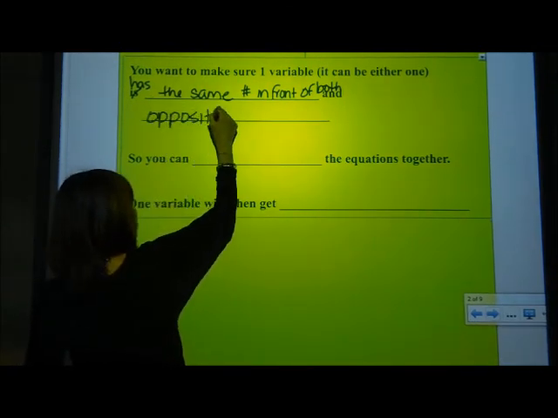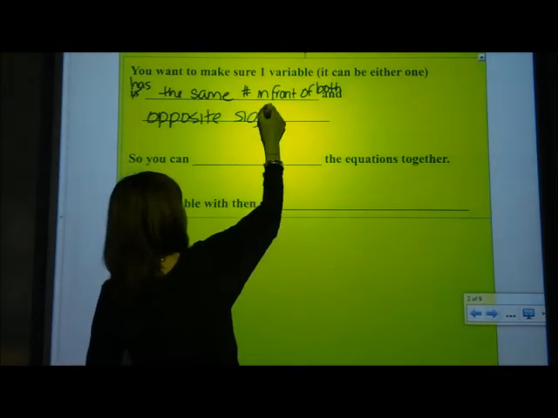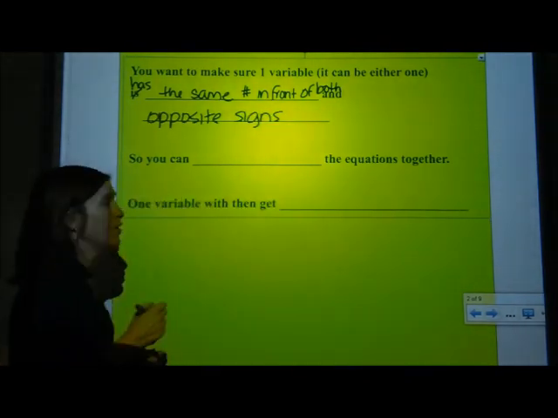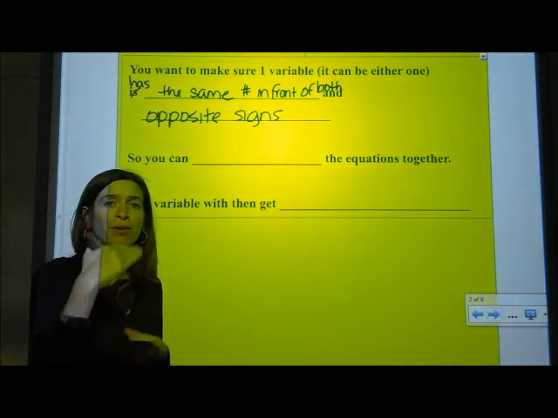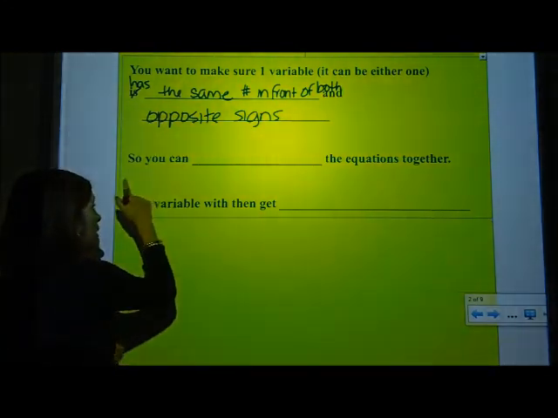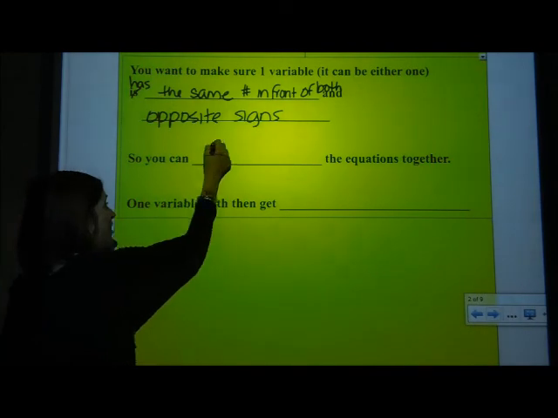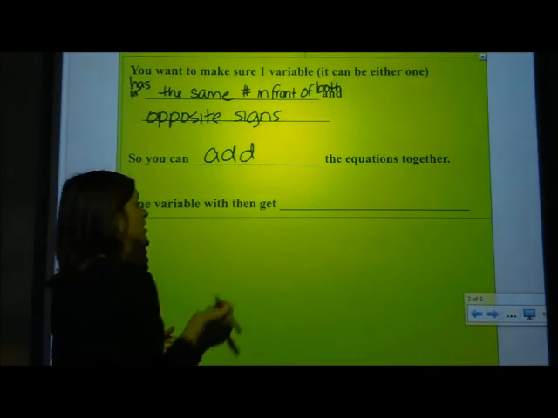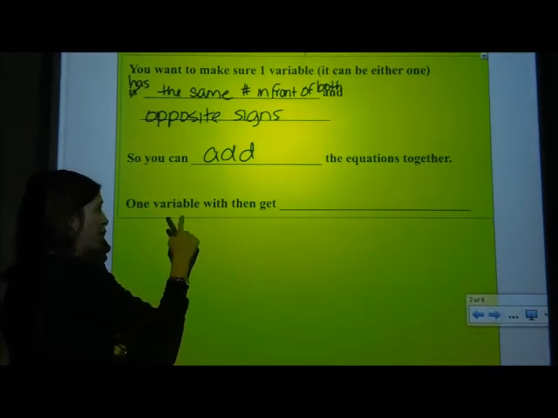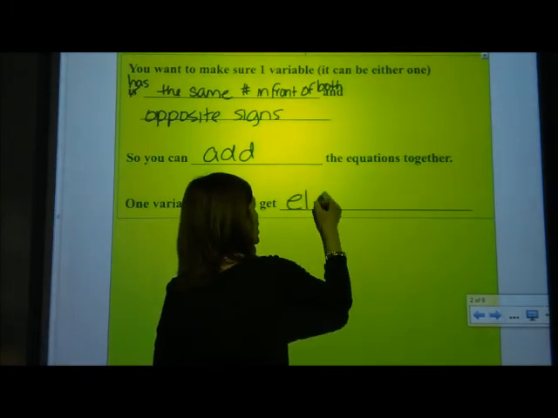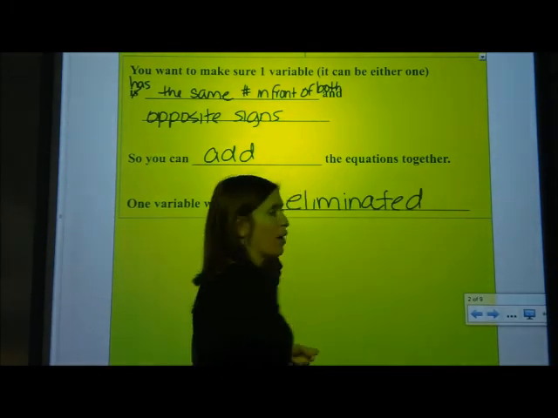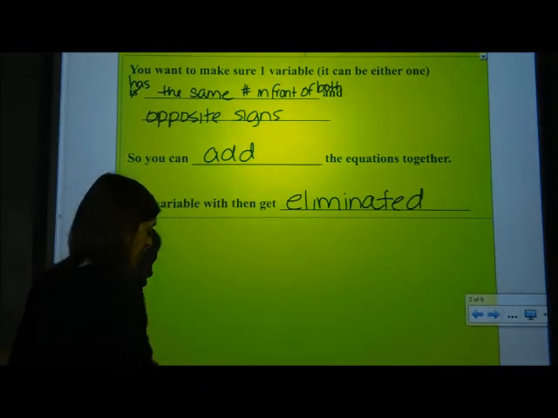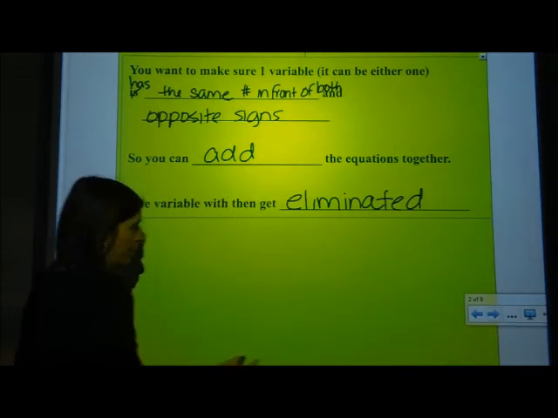And I'm going to show you what I mean by that in a second. If you have two variables that have the same number in front of them but opposite signs, it will help because you can add the equations together, and one variable will then get what we call eliminated. And I know that can be confusing when we write it out, but I'm going to show you in a second. All right, so let's look at an example.